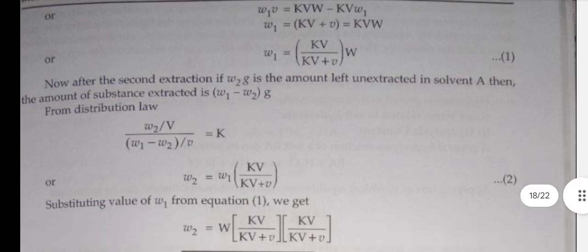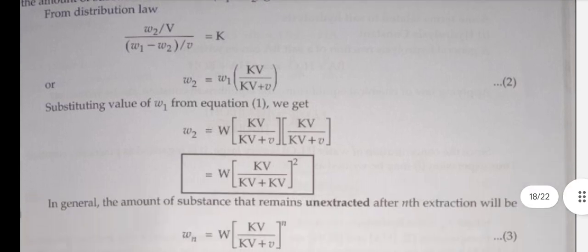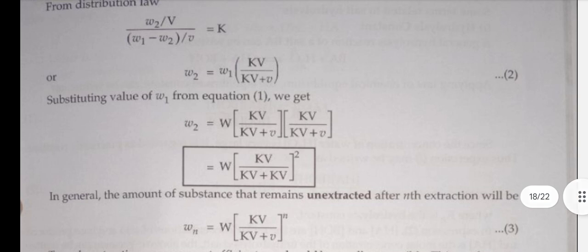From the distribution law, we get W2 is equal to W1 into KV upon (KV plus V). Substituting the value of W1 from equation 1, we get W2 is equal to W into (KV) squared upon (KV plus V) squared.